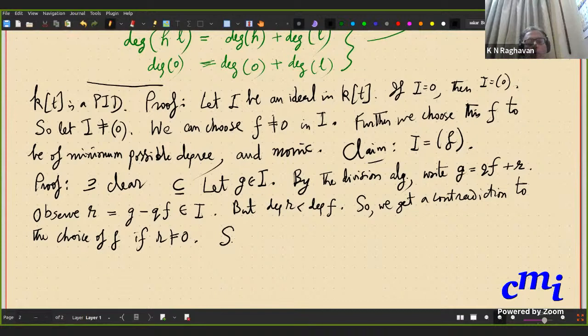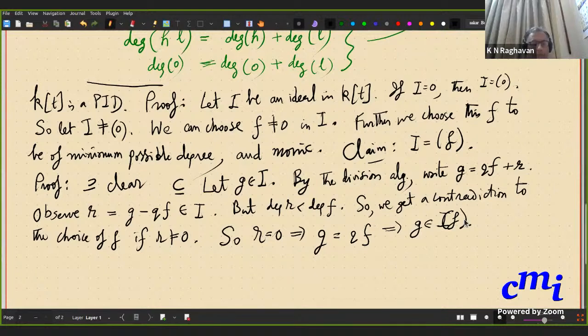So R equals 0, which implies, looking back at this equation, G is equal to QF, which implies G is in the ideal generated by F. G was in I by hypothesis. So let me write this clearly: G is a multiple of F, and therefore it belongs to the ideal generated by F. So this is Q.